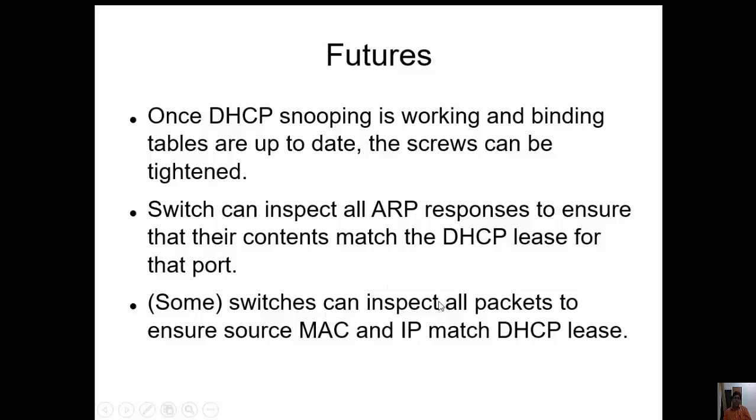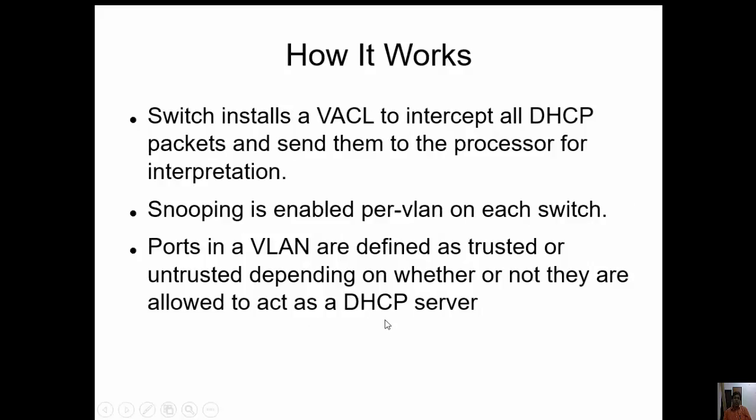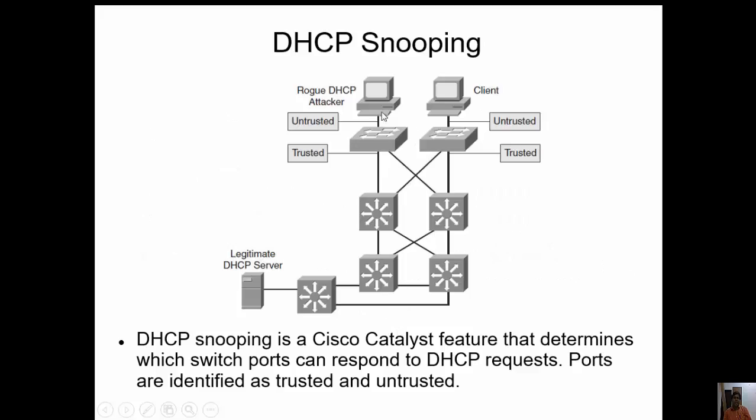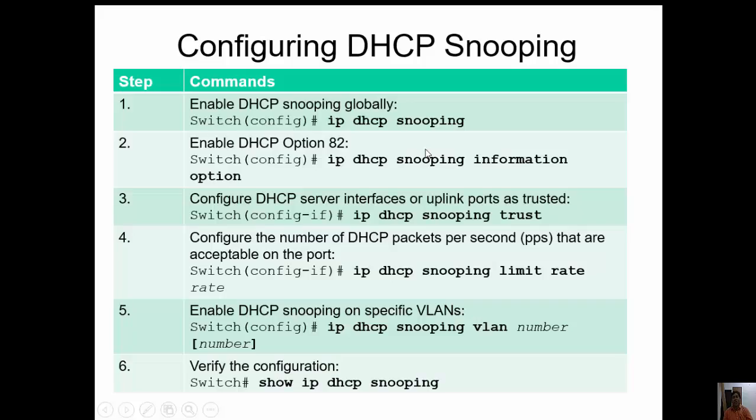The switch will inspect the source. For example, this is an untrusted DHCP server and this is a trusted DHCP server, so this port needs to be configured as a trusted port. DHCP snooping is a Cisco Catalyst feature which comes with layer 2 and layer 3 switches. Ports will be identified as trusted and untrusted.